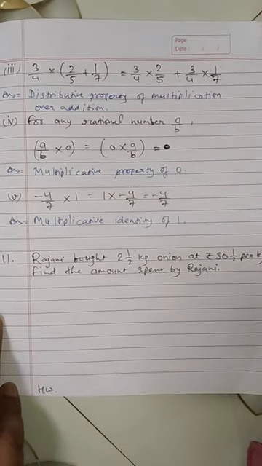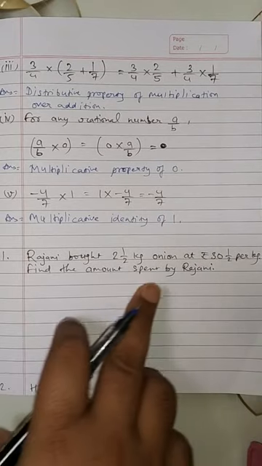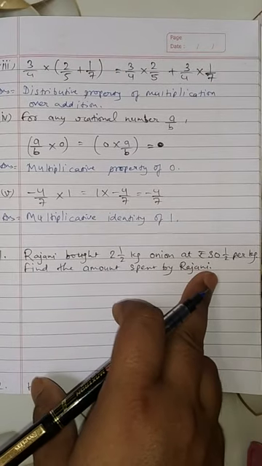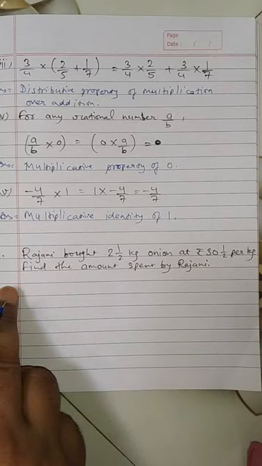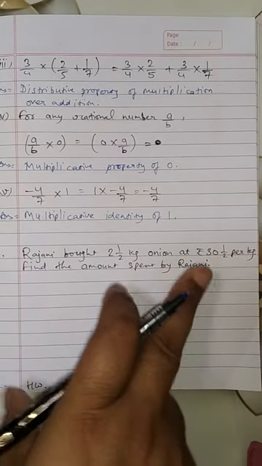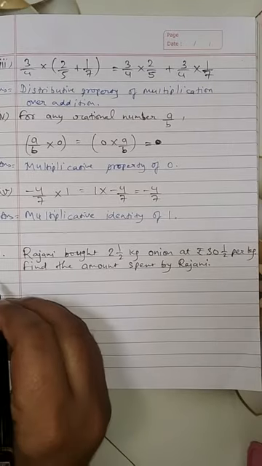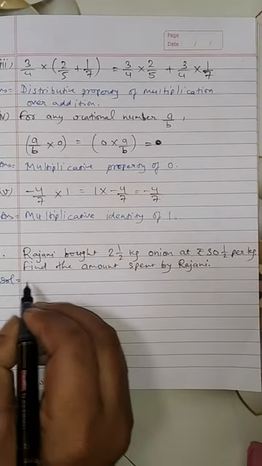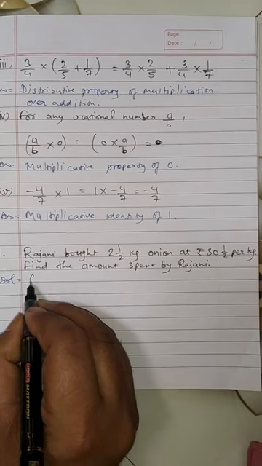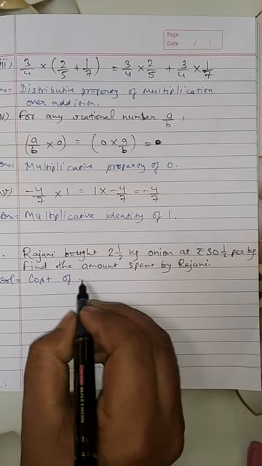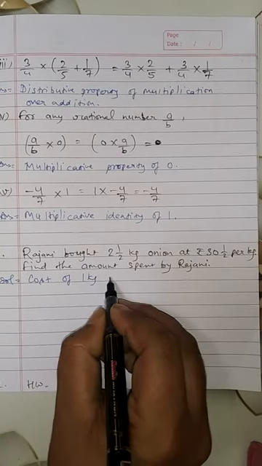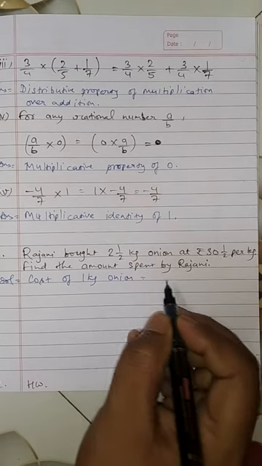Next question is: Rajani bought 2.5 kg onion at rupees 30.5 per kg. Find the amount spent by Rajani. So this is a clear case of multiplication. So we will write here the cost of 1 kg onion.